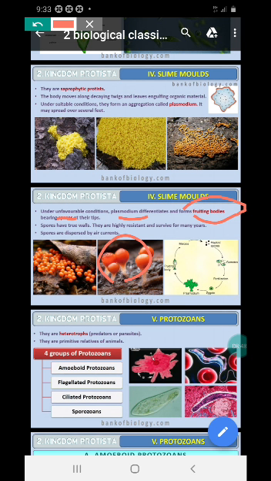And these can be again of four types, which are the amoeboid protozoans, amoeba-like organisms belong to this one, the flagellated protozoans, the ciliated protozoans, and the sporozoans. Clear? What are the types of protozoans, children? Amoeboid, ciliated, flagellated, and sporozoans.